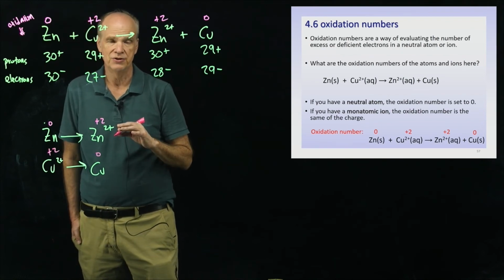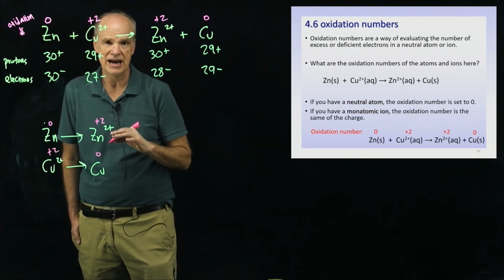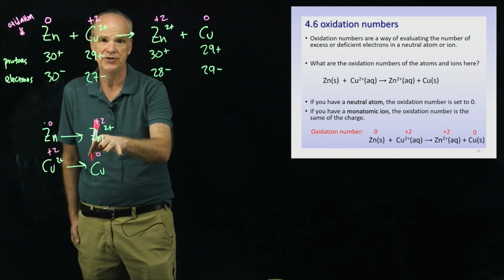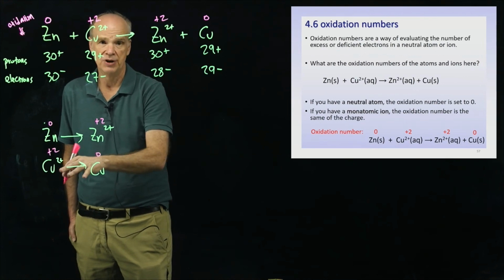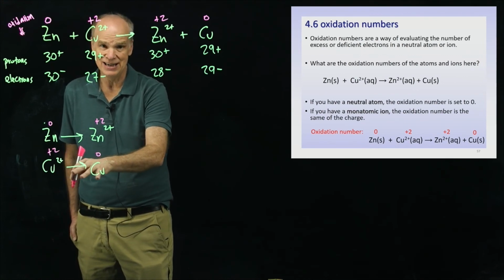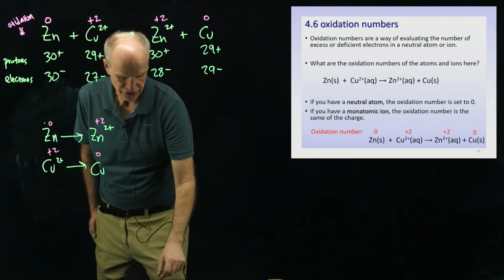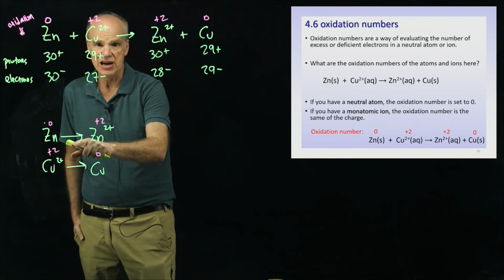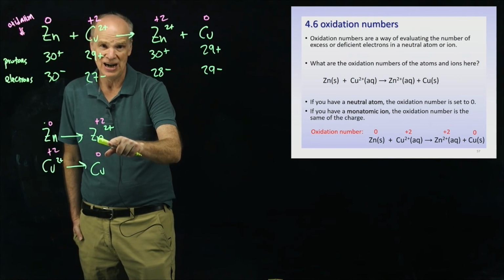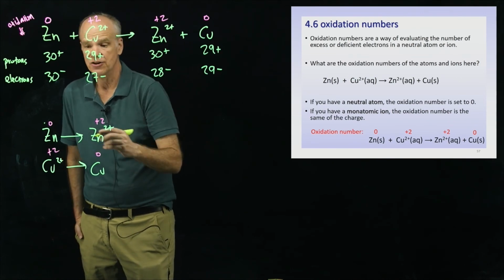Again, the reactant that, as you go from reactants to products, is getting a more positive oxidation number is going to be oxidized. The reactant that's getting a more negative oxidation number is being reduced. And so one of the things you can see here is that because zinc is getting a more positive oxidation number, it is going to be oxidized.